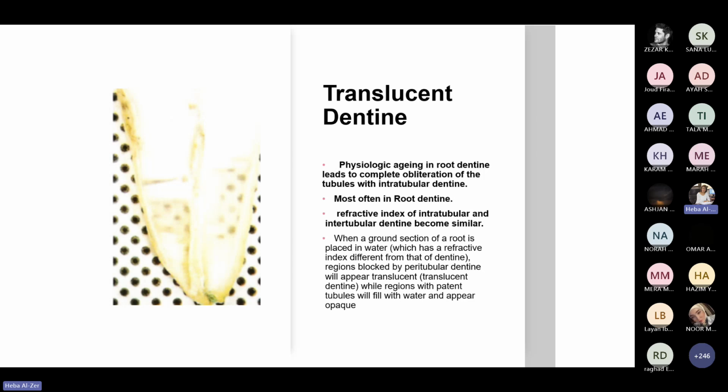make the dentine having the same refractive index. The peritubular and the intertubular dentine will have the same refractive index, which makes them translucent. So I can see the metal grid under them. They are translucent. And that is called translucent dentine, which is physiological, happens with age by peritubular dentine closing and occluding the tubules.